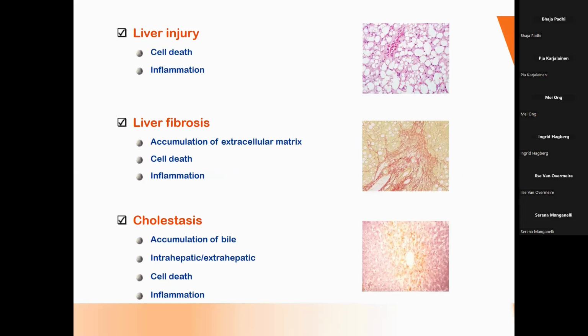So for example, liver fibrosis, which as such is a liver scarring formation process that is the result of accumulation of extracellular matrix, and I will be coming back to this when I will be showing you the AOP. Then cholestasis, which is my own field of interest, which is a result of accumulation of bile, and that can occur inside of the liver, and that is what we call intrahepatic cholestasis, or it can occur outside of the liver, extrahepatic cholestasis. Please keep this terminology in mind because it will come back later on.